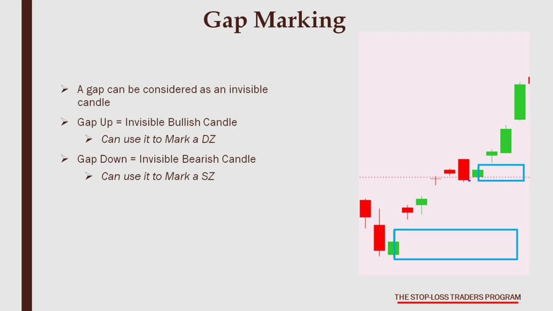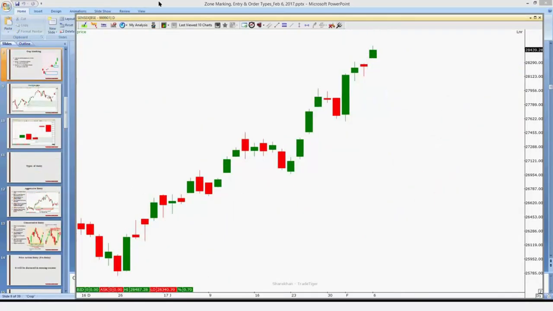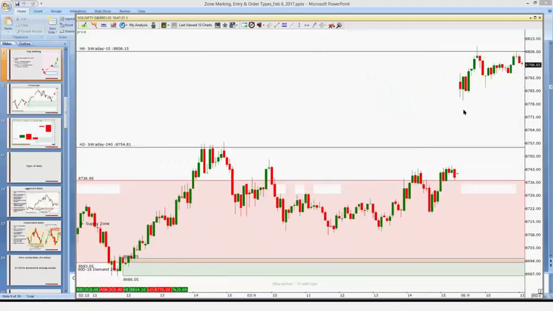Here the same thing happens. There is a very high chance of getting an entry because you are marking the zone wick to wick, and there is a low chance of missing a trade, but at the same time the risk increases. The risk increases in point terms as compared to what kind of marking, friends? Body to wick, right?